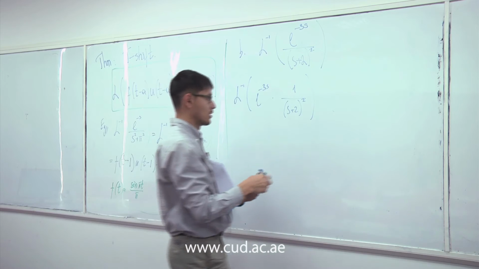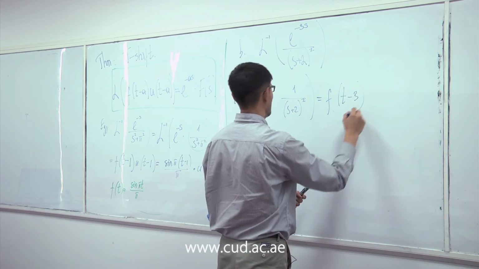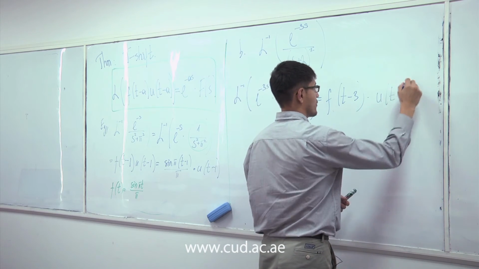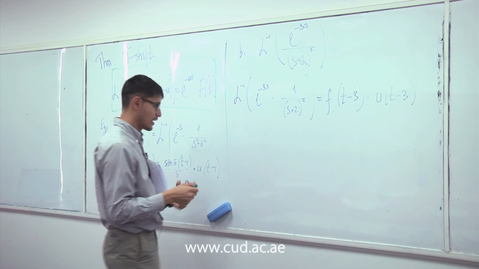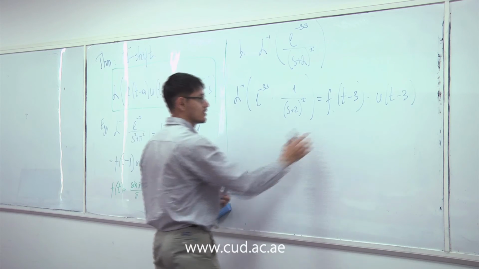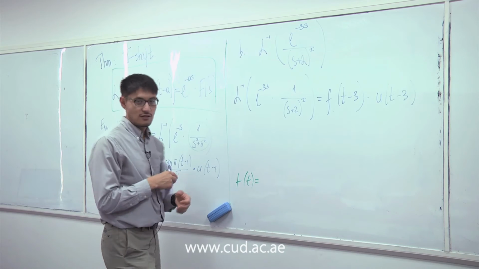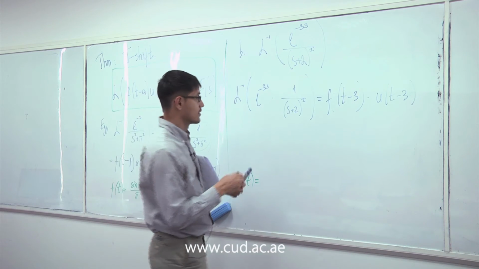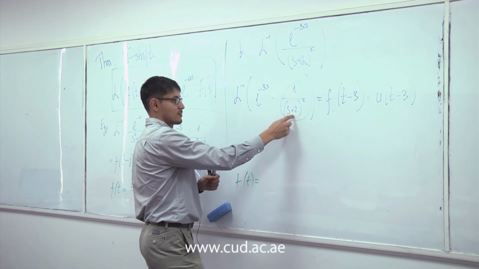So then the inverse transform is going to be f of t minus 3 times u of t minus 3. Okay. Now let's find little f of t. We find little f of t, and then we're going to plug it in here. So little f is the inverse transform of big F, and our big F is, we said, this expression. So what's the inverse of this?